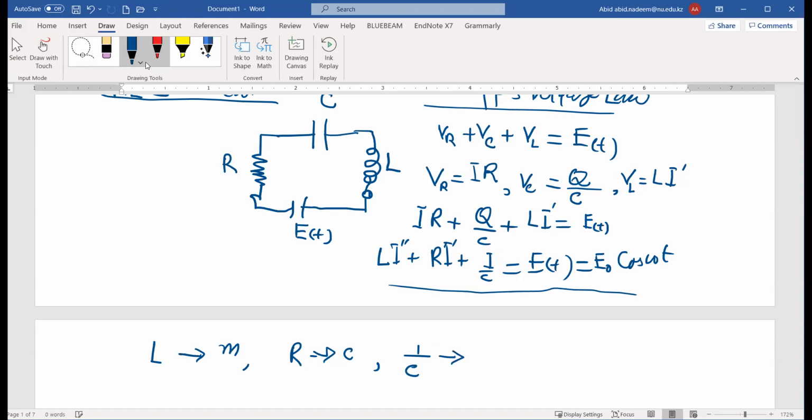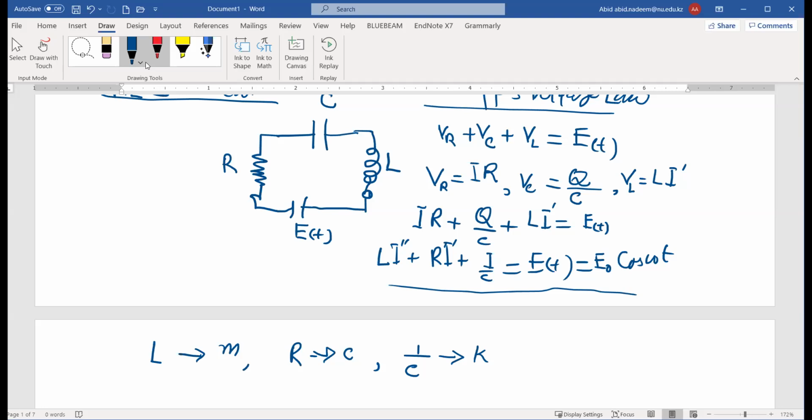So you can see that we can analogically represent mechanical and electrical systems with each other. This concept can be useful for representing a mechanical system, which may be difficult to build, by an electrical system, which may be rather easy to make.